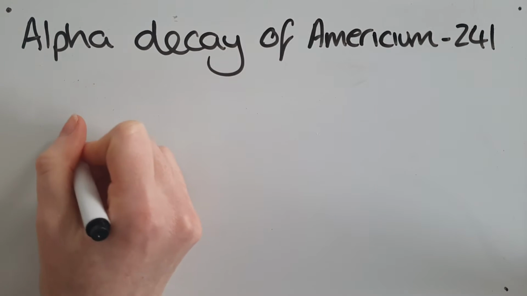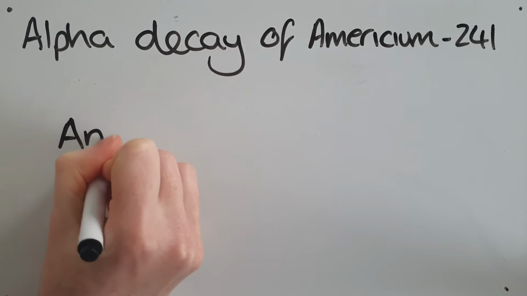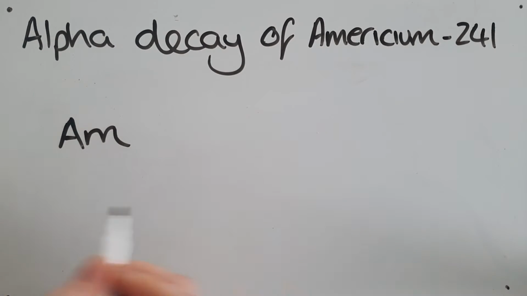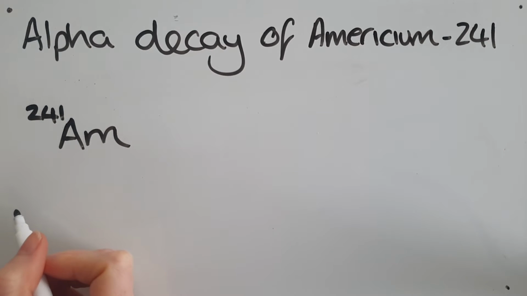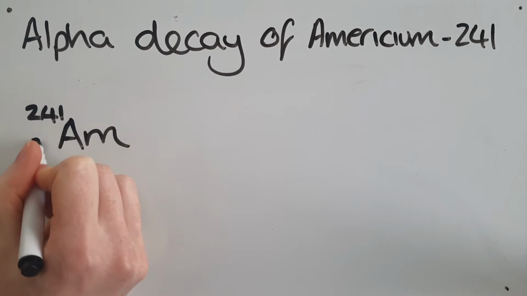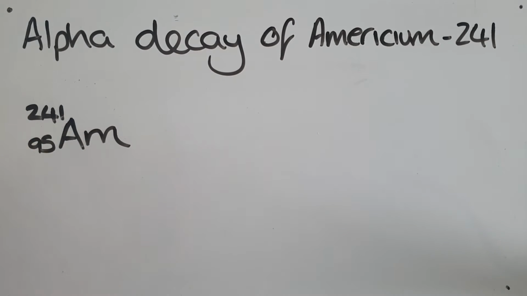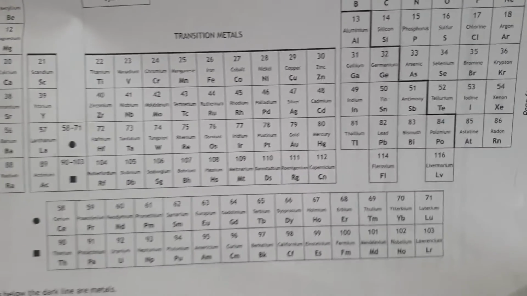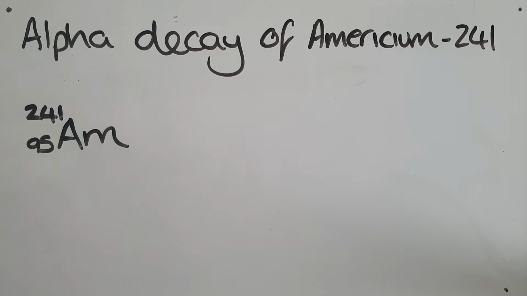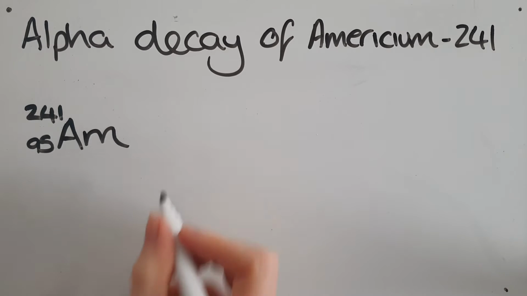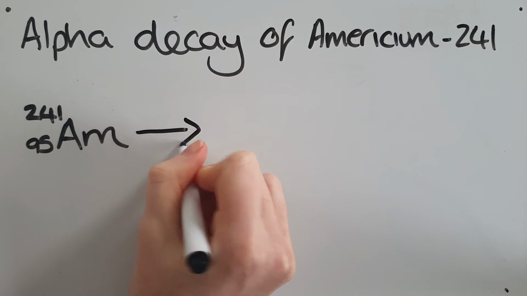So as we saw a wee minute ago, we need our symbol for americium. 241 is the mass number up the top, and the atomic number is from the data book. I find it best to use page 4 of the data book, so this one here. They're laid out the best way for finding the element symbol and the atomic number, but whatever page works for you. So alpha decay, I then want an arrow.